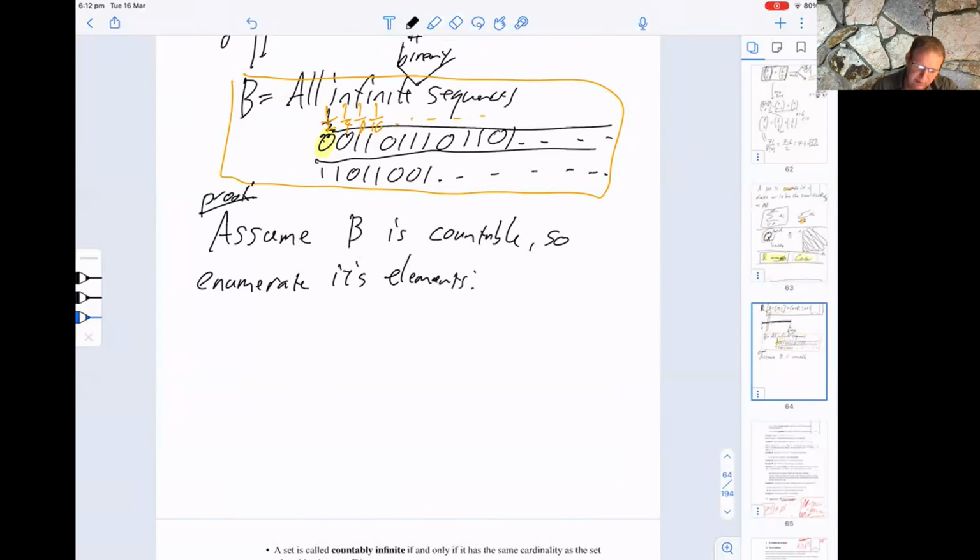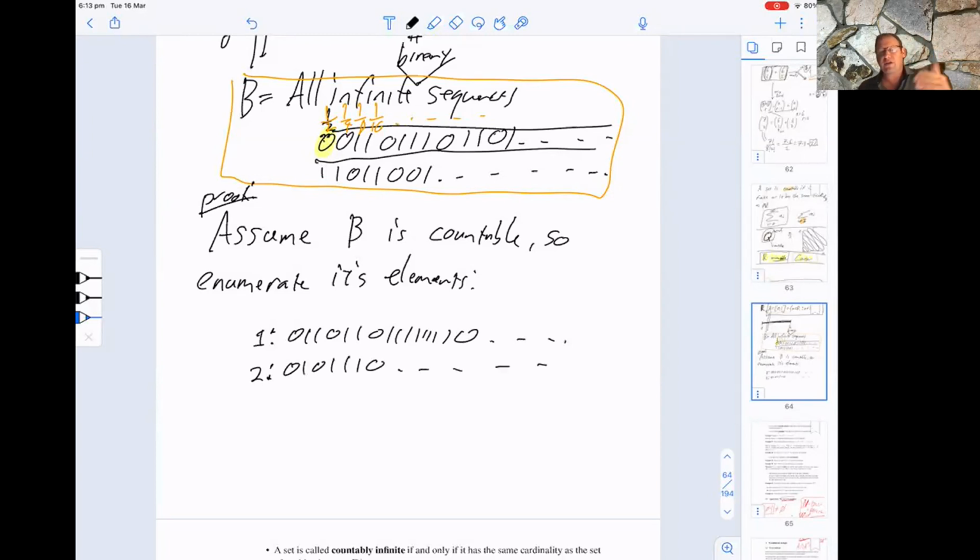Here's the first one, maybe 0, 1, 1, 0, 1, 1, 0, 0, 1, 1, 1, 1, 1, 1, 1, 0, etc. And there's going to be the second one, 0, 1, 0, 1, 1, 1, 0, etc., forever. Of course, we don't know what the enumeration is, but if it's countable, there exists some enumeration where you enumerate them one after another. There's going to be the third one, 0, 0, 1, 0, 1, 1, etc. We don't know exactly what the enumeration is, but there would be one. Okay.